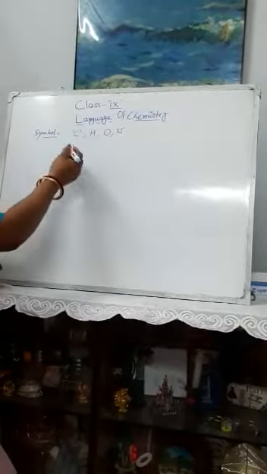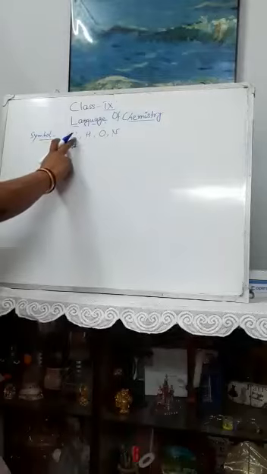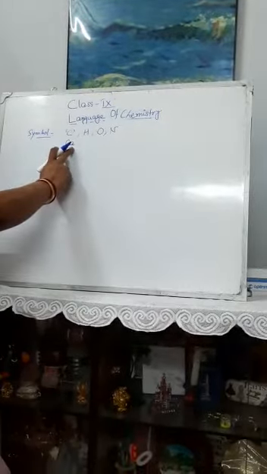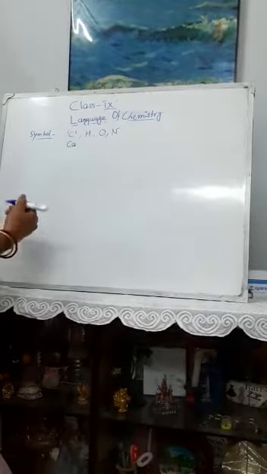Now students, here we used the first letter of the element. Now the second letter also can be used. For calcium, we will write Ca. As C is used for carbon, we cannot use C for calcium. So the second letter I have used.